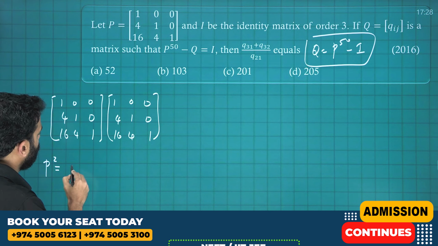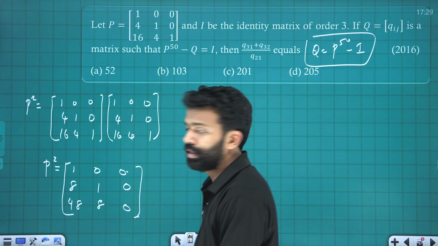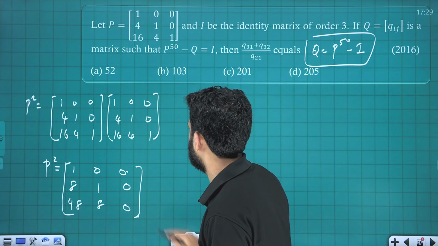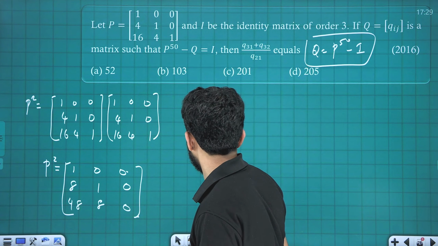Again 1, 0, this one, 16 to 1, 16, 16, 48, right? And next one, 0, 8, 0. Okay. This 16 is changed into 48. This 4 is changed into 8. Now there is no, okay, this is 1. Okay, my mistake.